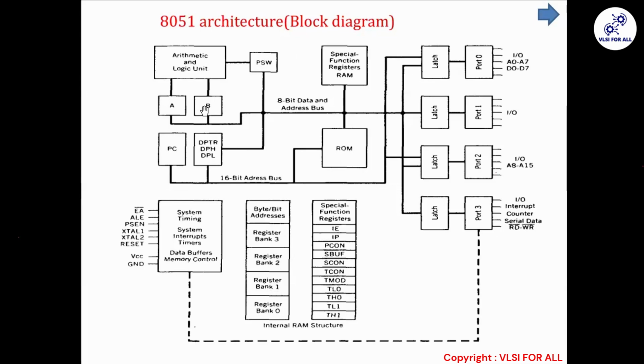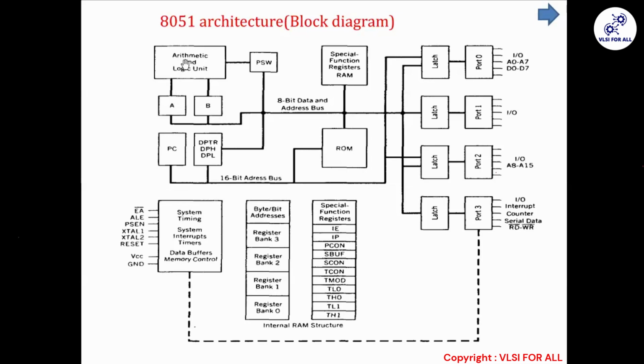The data on which we have to do the operation, for example, ANDing on 8-bit and 8-bit. The first 8-bit will be in A. The second 8-bit will be in B. ANDing will be done. The result will be of how many bits? 8-bit. Maybe carry will be generated. Those 8 bits will be saved here.